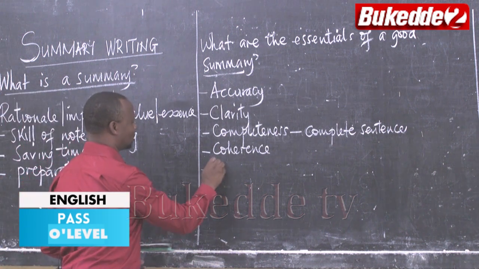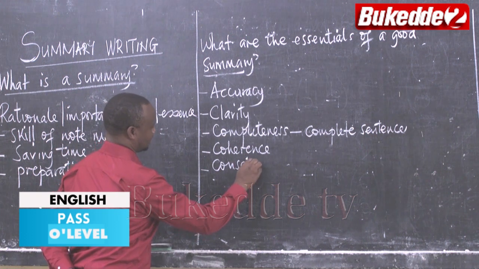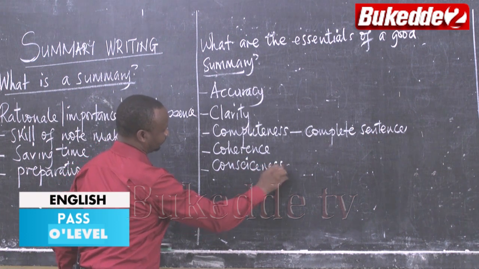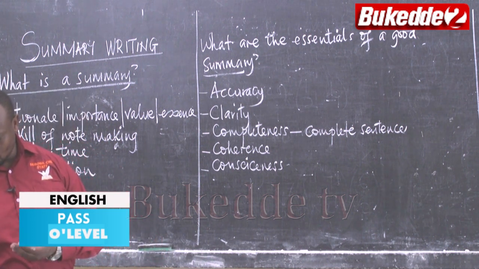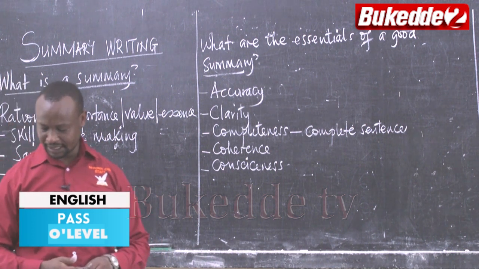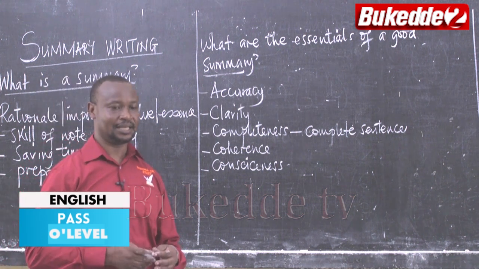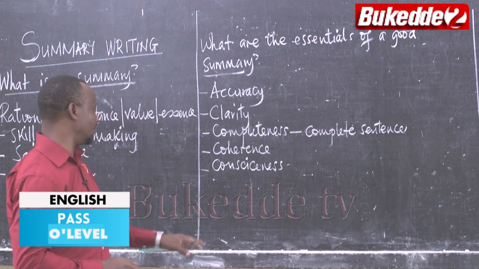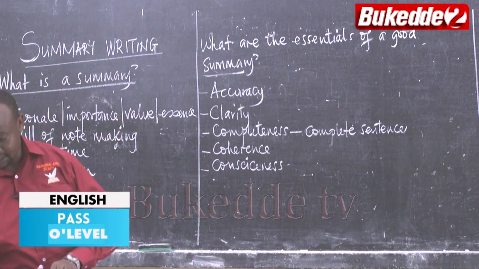Then the last one is conciseness. This is brevity. Do not be too wordy in your expression. Make sure that you use as few words as possible to avoid wordiness and to avoid writing a very long summary.